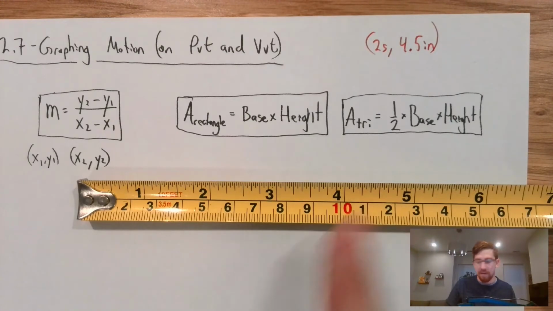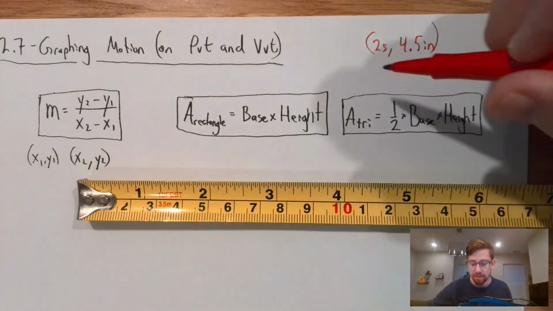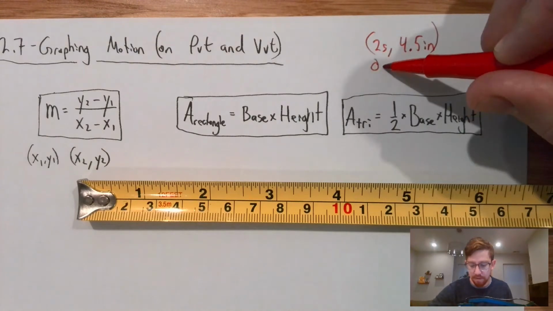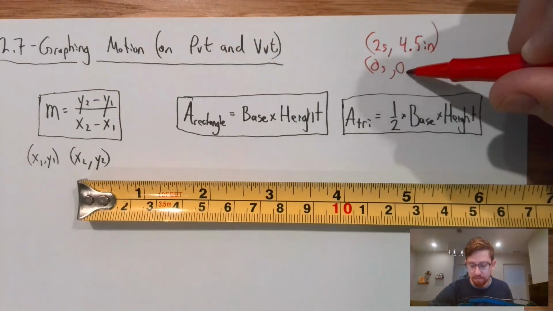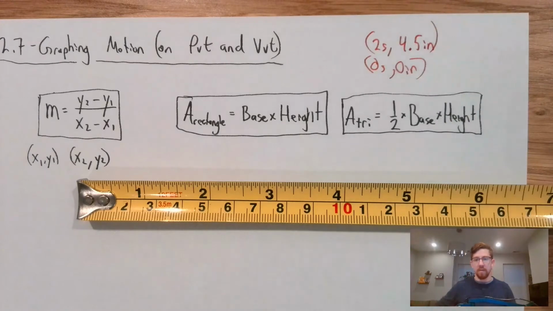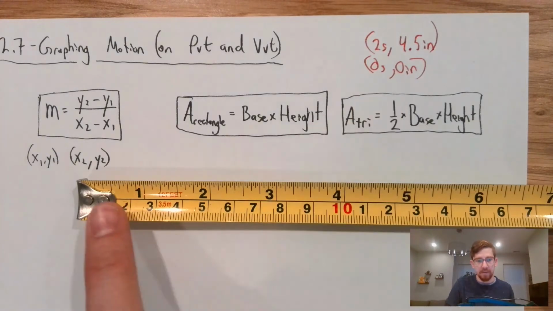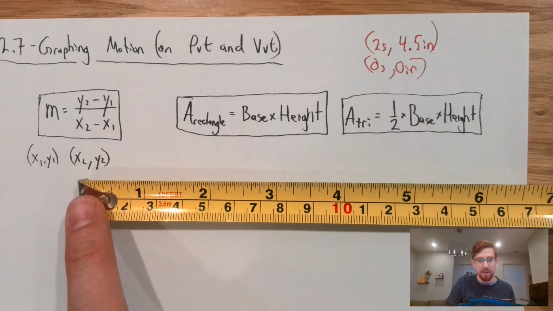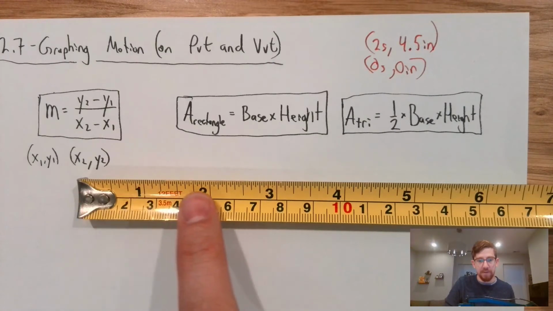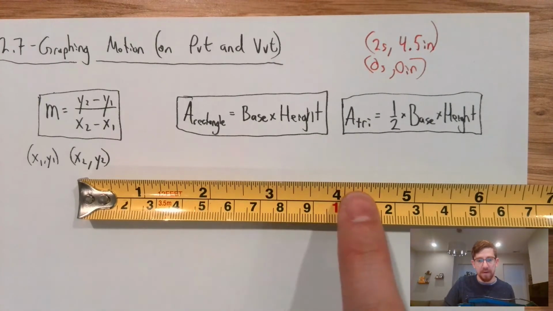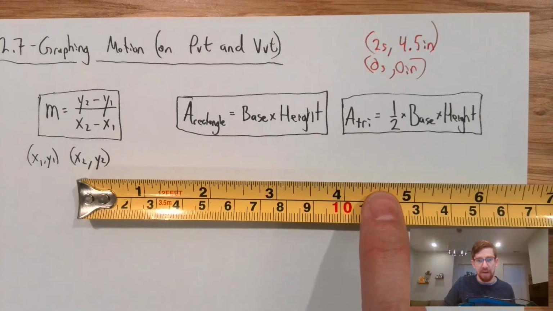So if you have another point, I will use 0, 0 for a second. Don't write this down either, I'm just explaining what it means. At 0 seconds, the location is 0 inches on this line. And then 2 seconds later, we have the object all the way over here. It has moved to 4.5 inches.